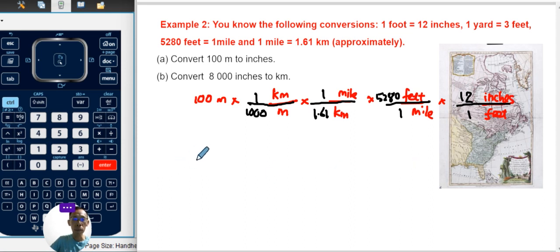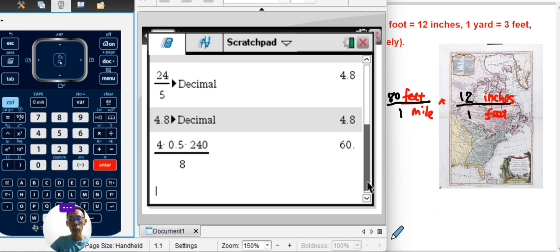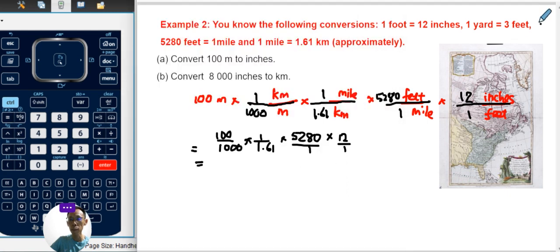So right now, what do we have? We have 100 over 1,000 times 1 over 1.61 times 5280 times 12. This is over 1 and over 1, for example. So now I can use a calculator. To use a calculator, you just have to enter all the numerators, multiply all the numerators together.